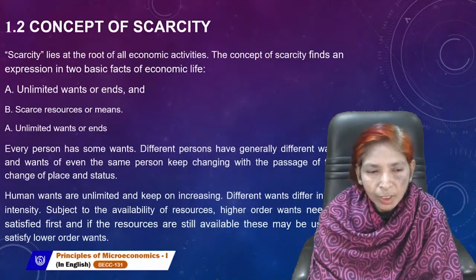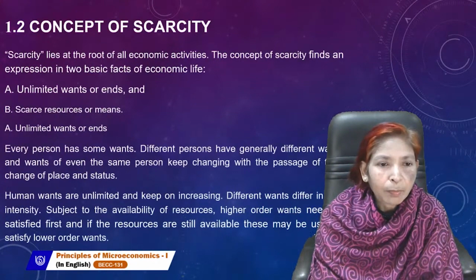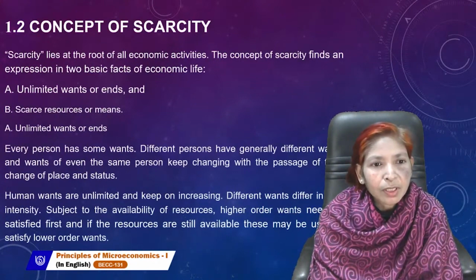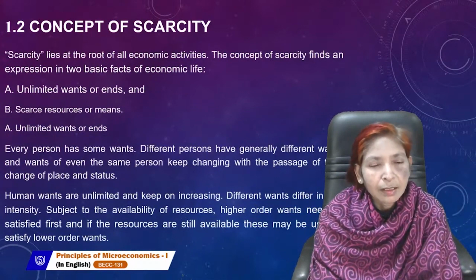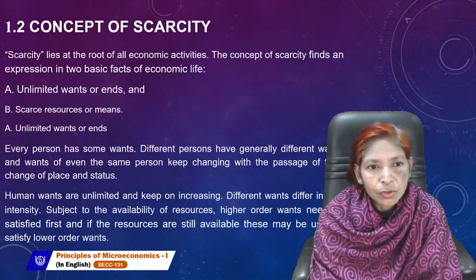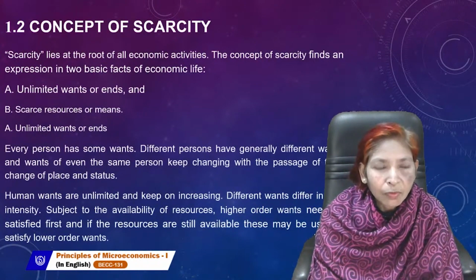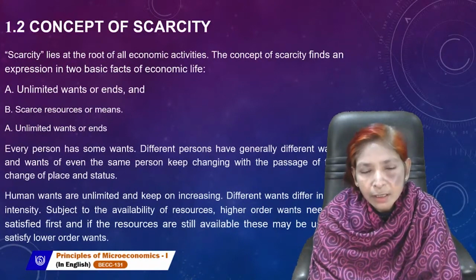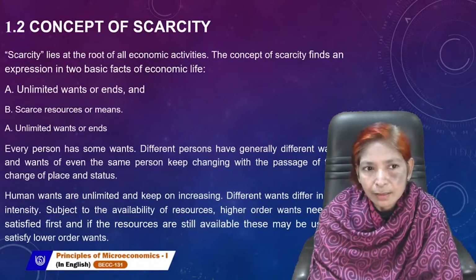Without capital, we can't produce. And the entrepreneur is a person, a businessman or industrialist who organizes all the factors of production and takes risk to produce goods and services.